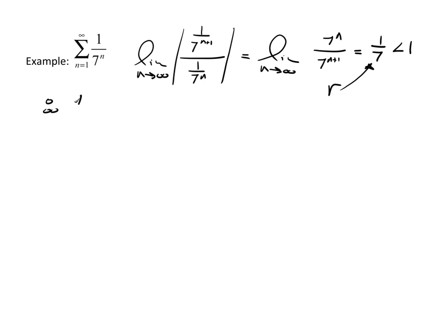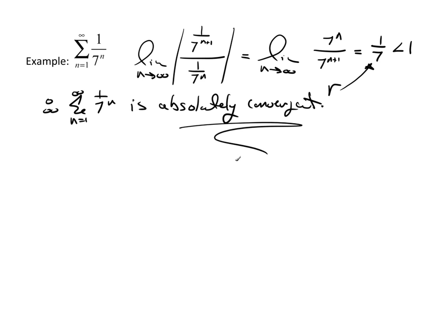Therefore, this infinite series, oops, that should be a 7, is absolutely convergent. Now, I'll talk a little bit later about the idea of absolute convergence versus conditional convergence.